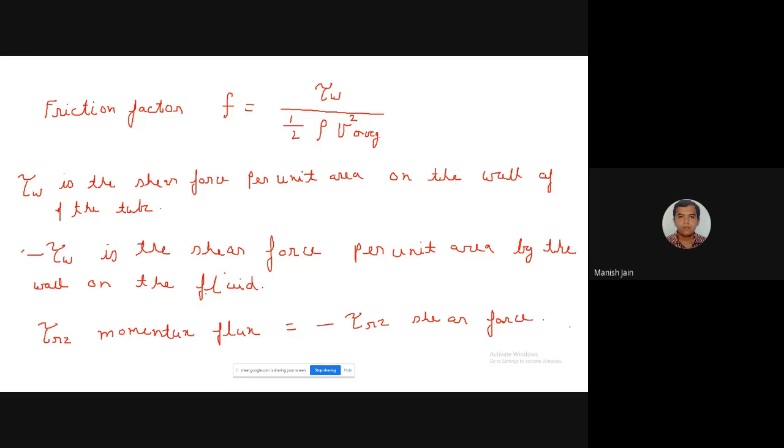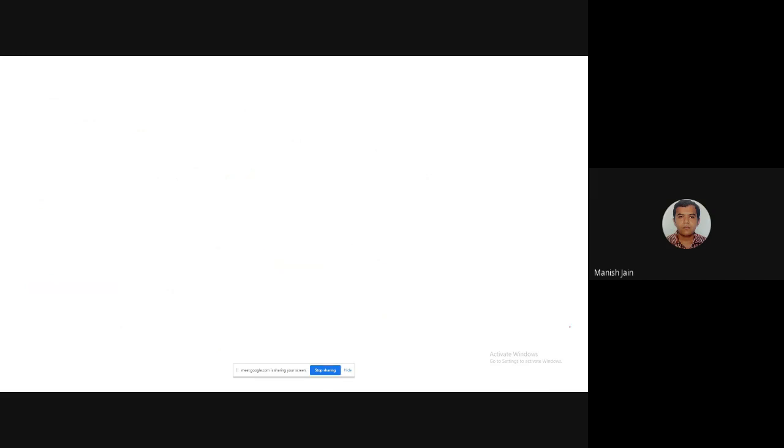That's why you have the two negative signs, and tau W equal to minus tau Rz at r equal to capital R.